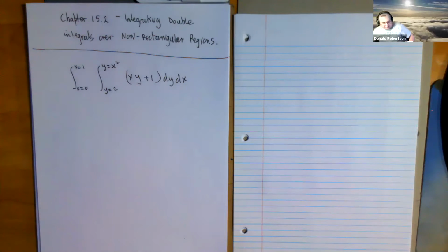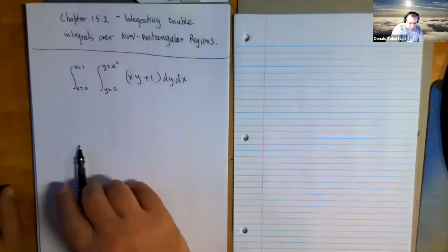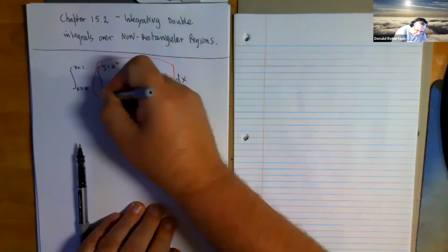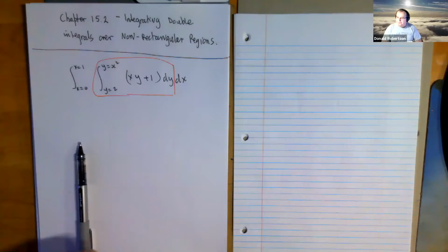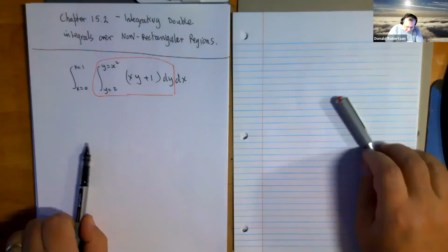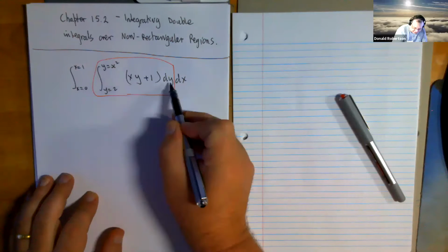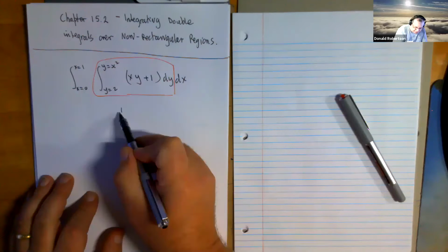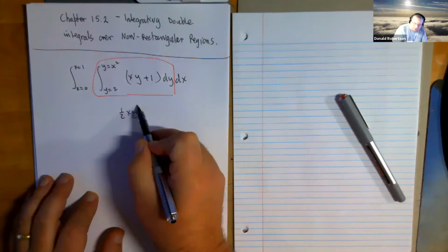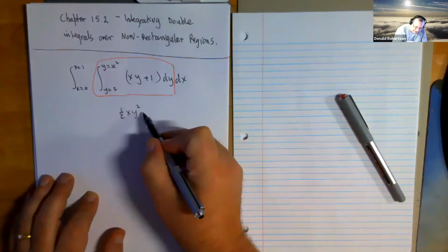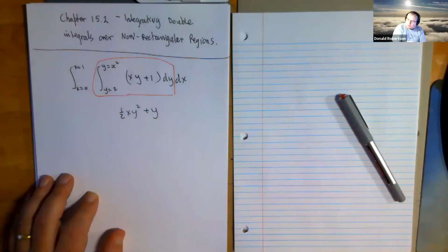Because we know how to integrate. You do it in 2 stages. You always do that step first, right? So we're going to integrate with respect to y. xy integrated with respect to y will give you 1/2 x y squared. Comfortable with that? The number 1 integrated with respect to y gets me y.